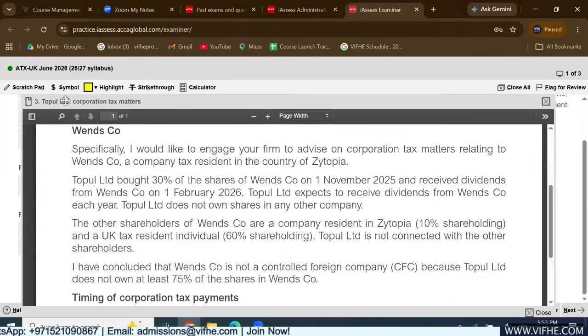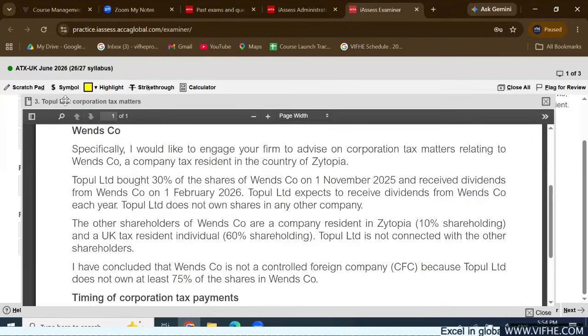So Vendsco is clearly a non-UK resident company, but control is given where we find that the shareholding is of more than 50%, either by the individuals or the companies.